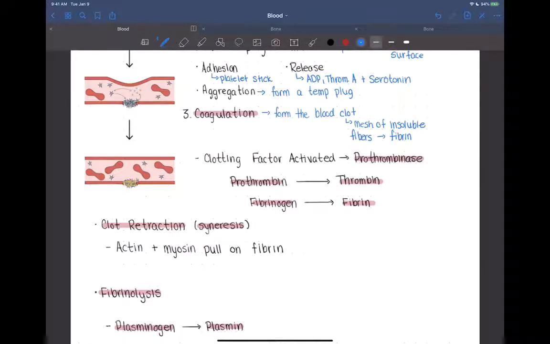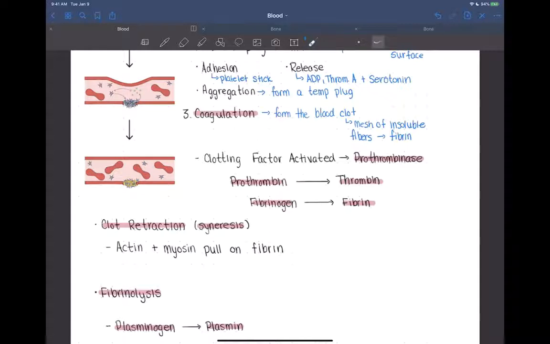Just know, the extrinsic pathway means the signal is coming from outside of the blood vessel. Signals from tissues damaged outside of the blood vessel contribute to activation of this prothrombinase. And then intrinsic would be from inside the blood vessel.